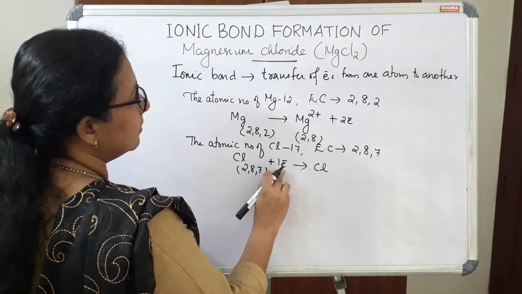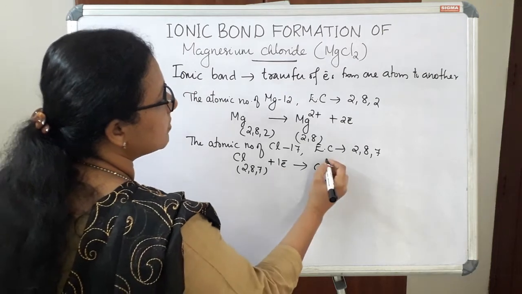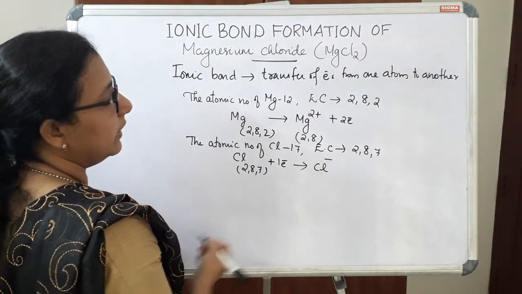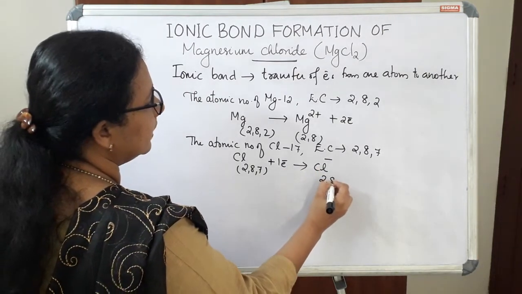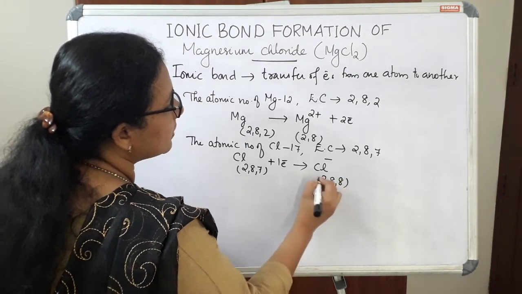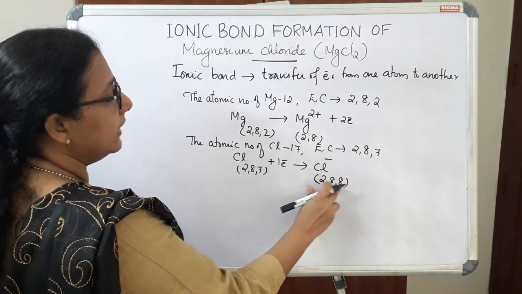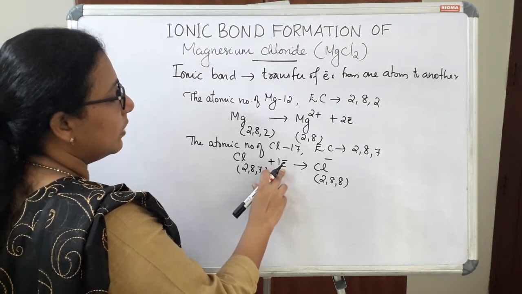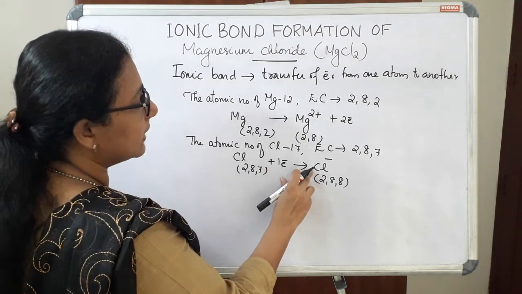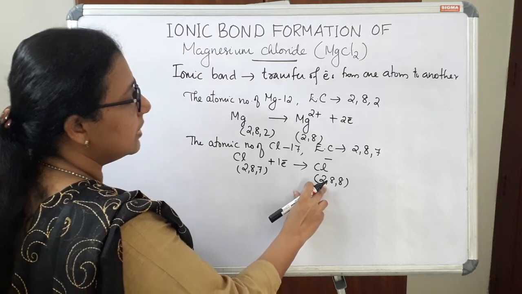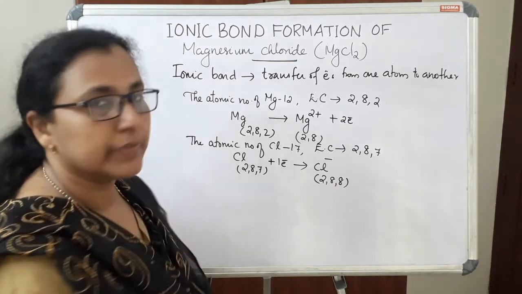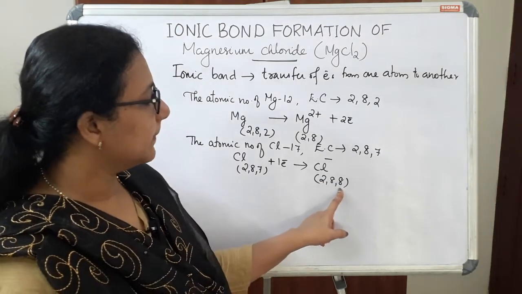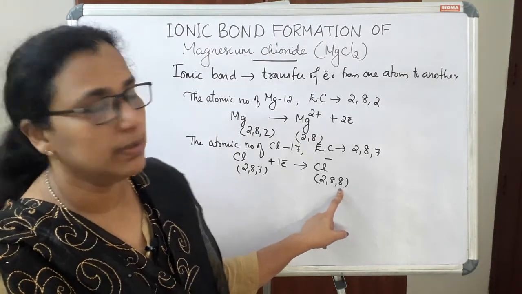When it accepts 1 electron, it attains 1 negative charge and the configuration is 2, 8, 8. So there are 8 electrons in the outer shell, and it also has a stable configuration.